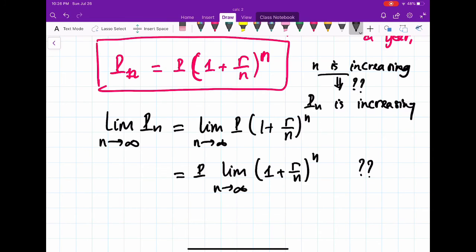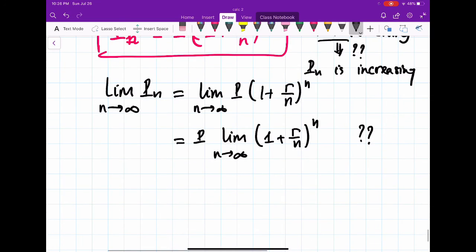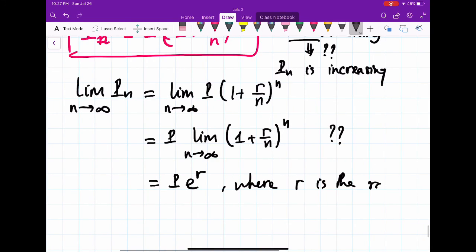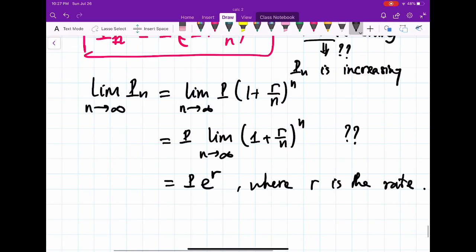So what is the limit of this guy? This limit is equal to Pe^r, where again r is the rate. You see, interesting, right?